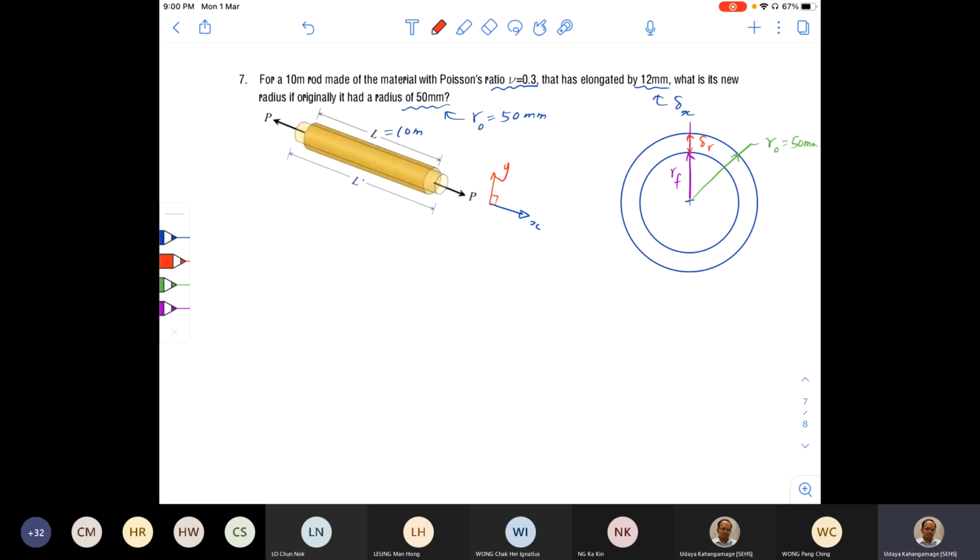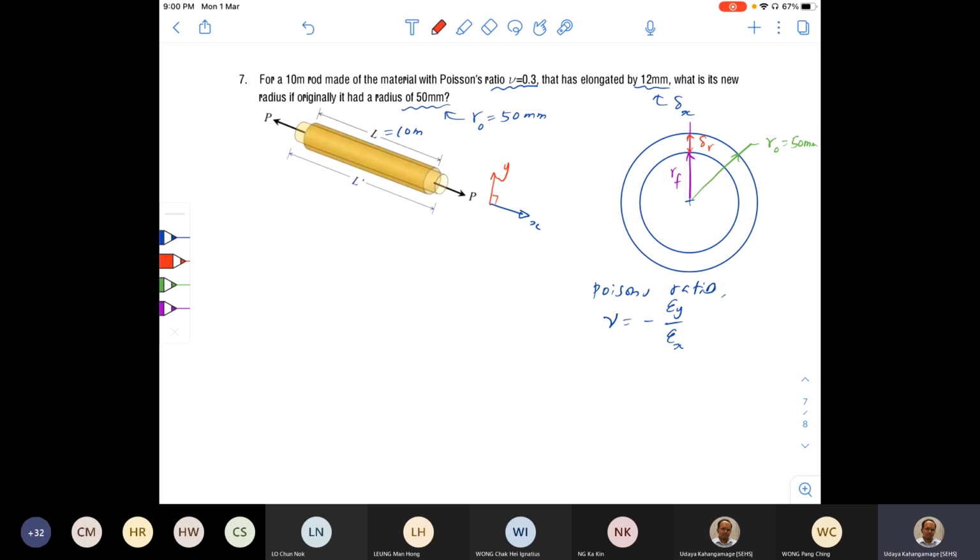So this is because of the strain in the Y direction. In the X direction there's a strain, and the X direction strain is accompanied by the Y direction strain. The relationship between those two strains is given by Poisson's ratio. We know that nu is equal to negative epsilon y over epsilon x.